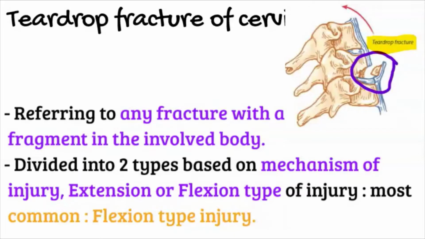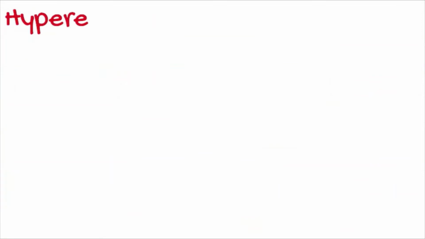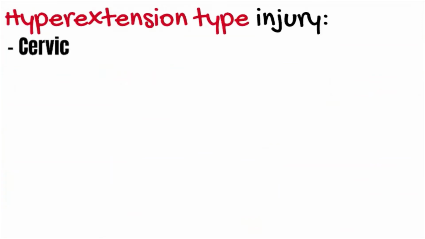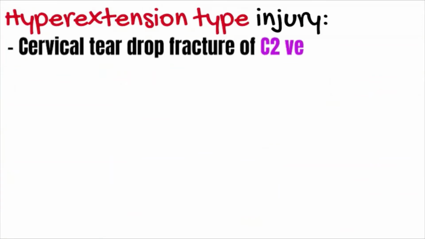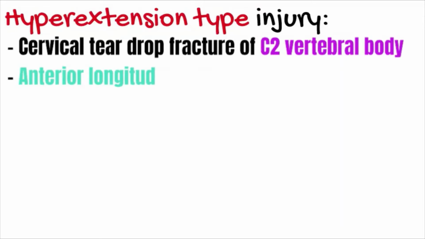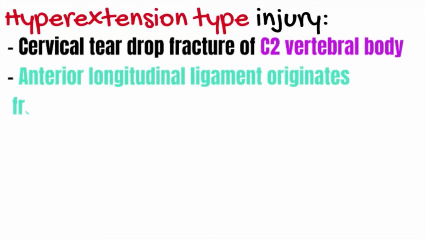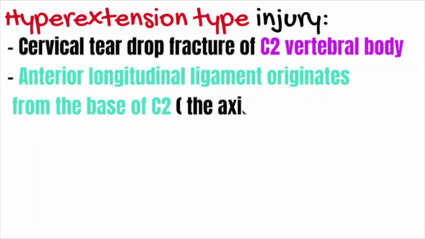This illustration shows a teardrop fracture with a triangular fragment of the involved body. The hyperextension type of teardrop fracture is commonly a cervical teardrop fracture of the C2 vertebral body.